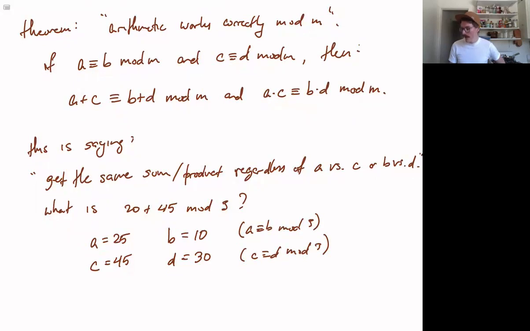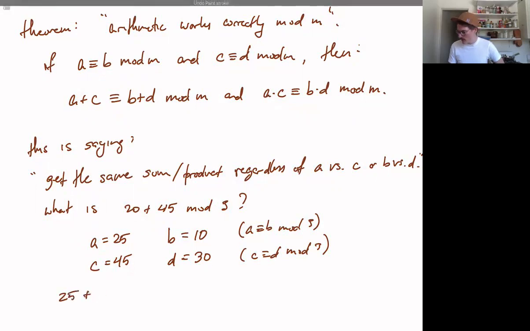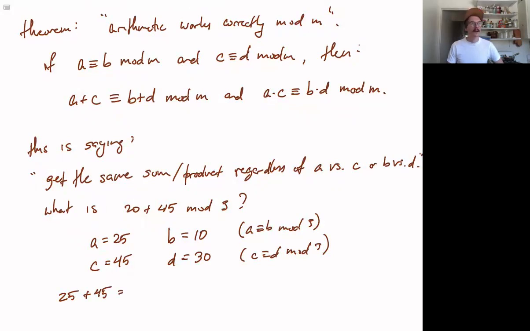And then when we add them, so 25 plus 45 is, uh-oh, gonna have to do arithmetic. This is bad. 60 plus 10, 70. And then what's C plus D? Or sorry, this is A plus C. And then B plus D is 10 plus 30.